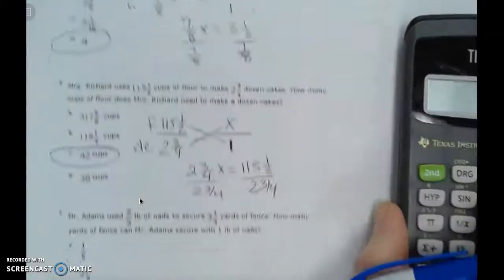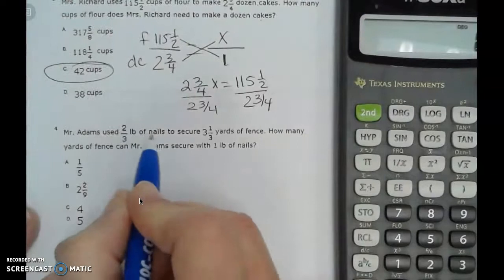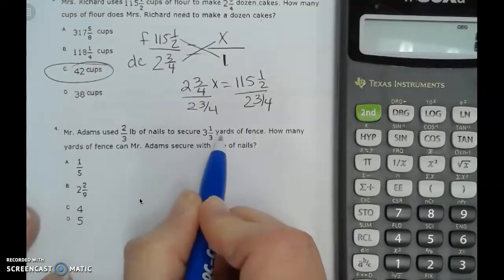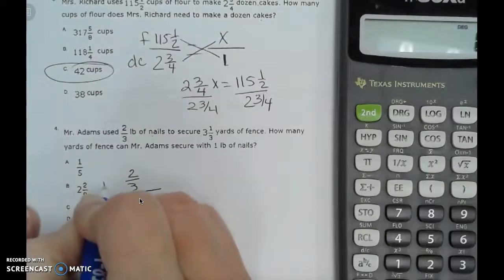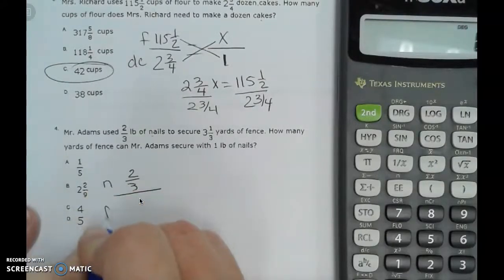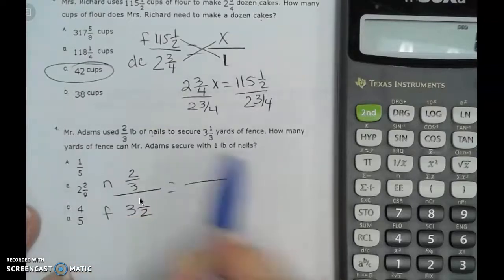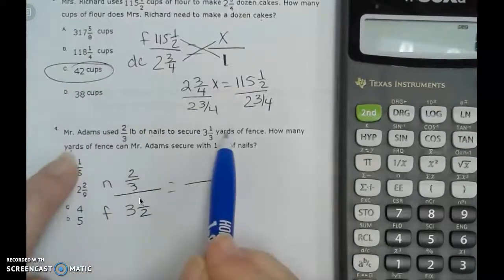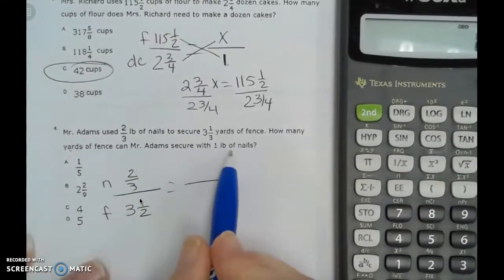Okay, I'm still going to stick with proportions. We got 2 1/3 pounds of nails to secure 3.5 yards of fence. So we're talking about nails, and we're talking about fence. So then it wants to know how many yards. So we're still talking about the same measurement. So we're still talking about yards of fence for 1 pound of nails.